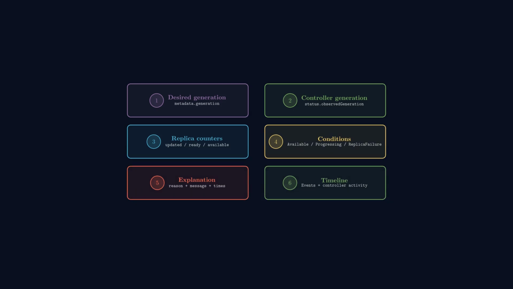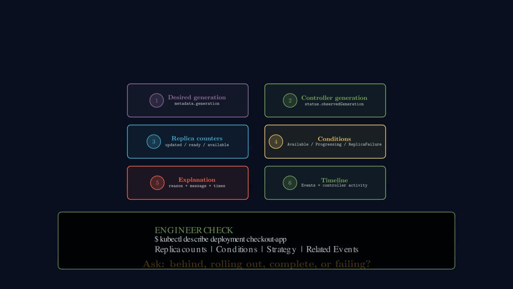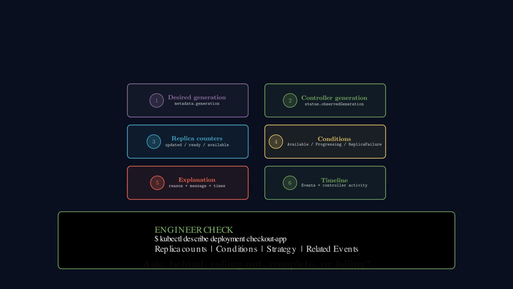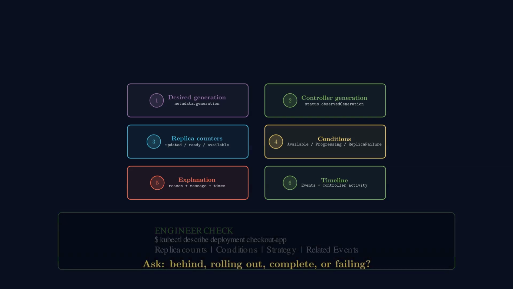Finally, correlate those fields with events and deployment controller activity when you need the full timeline. And when you are debugging an unfamiliar rollout, kubectl describe is a good broad starting point because it brings the deployment details, conditions, and related events together.